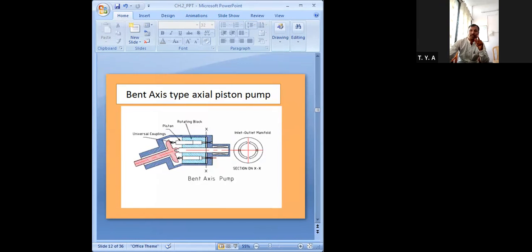The cylinder block has a number of pistons. You can see here this cylinder block has a number of pistons, and the arrangement is done along a circle.